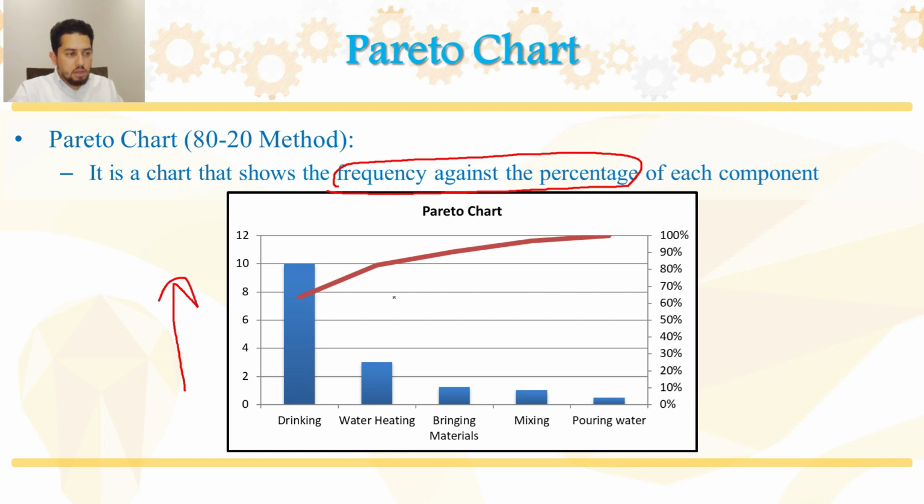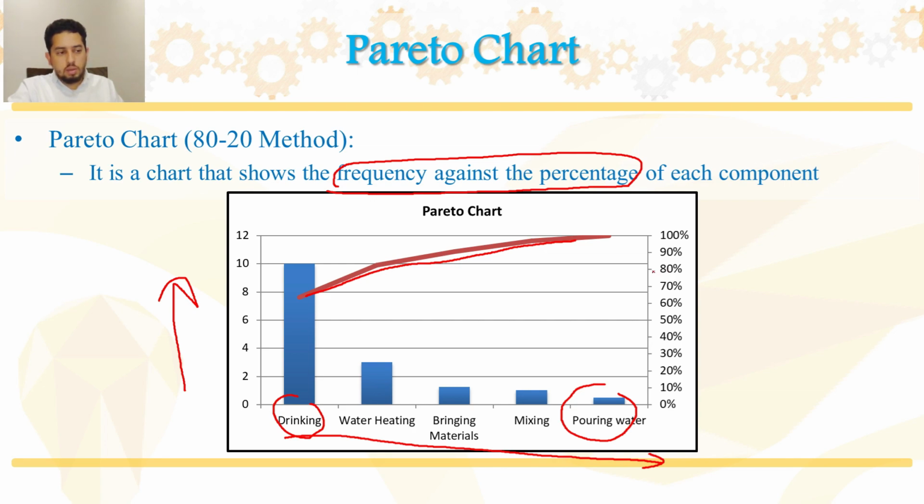So I have here the timing, and here I have what you call a decreasing trend of the time spent for each step. Pouring the water was the minimum time, and drinking was the biggest time. This red line shows the cumulative percentage of each of those steps.